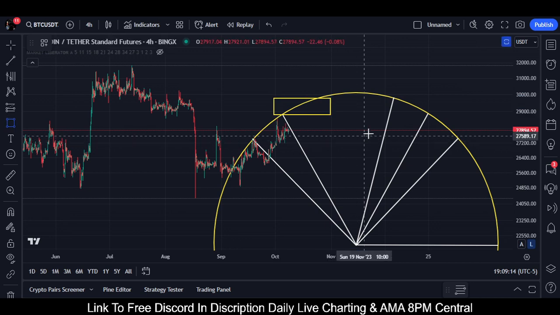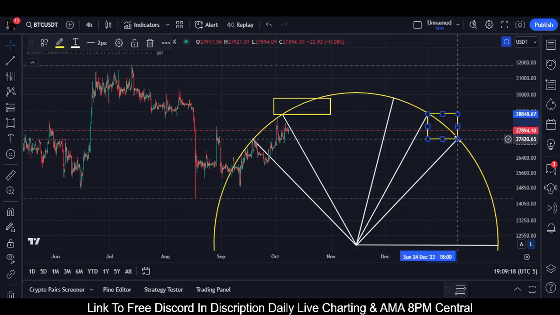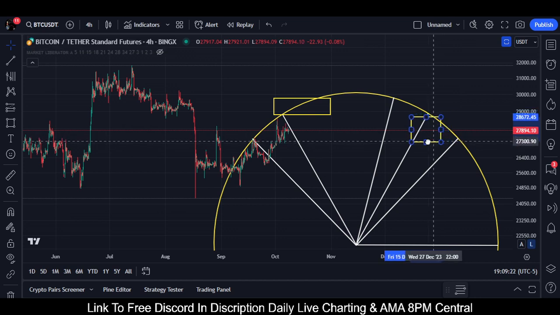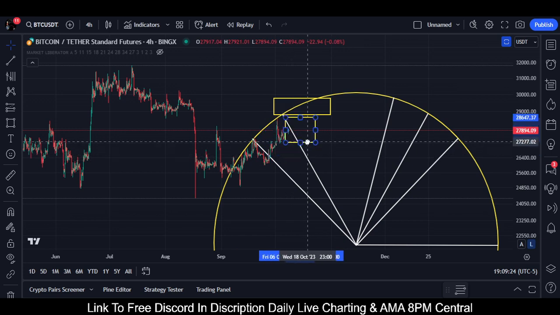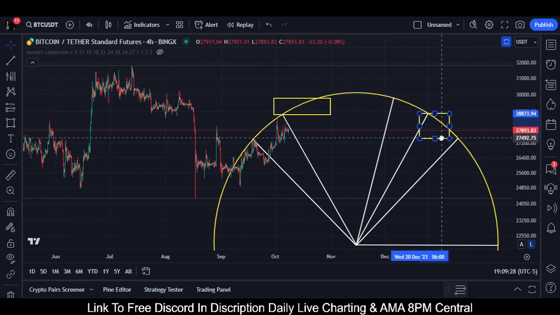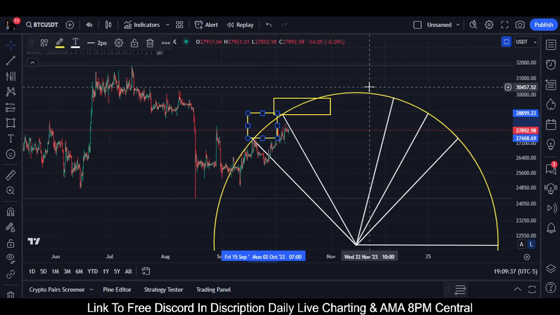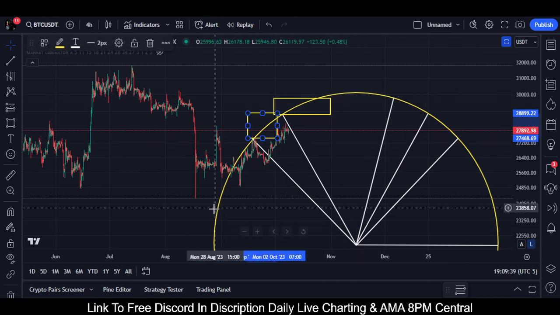Let's do some more geometry. Let's grab from here to here. And that was this price block right here. So it would be from right there to right there. What do you got? I mean, you couldn't make this stuff up if you tried. And where did this circle, this radius come from?